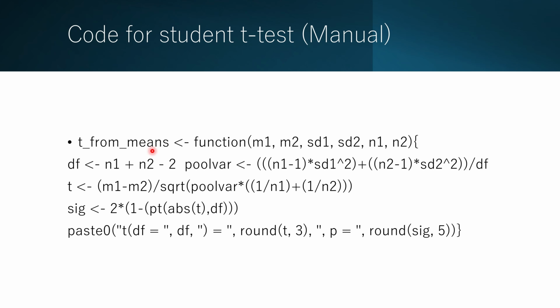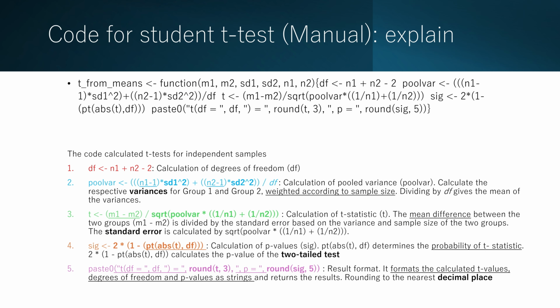So firstly, please run this command. Then you can understand what is running inside the automatic t-test command, I think. And these are the explanations. It breaks down each line again.